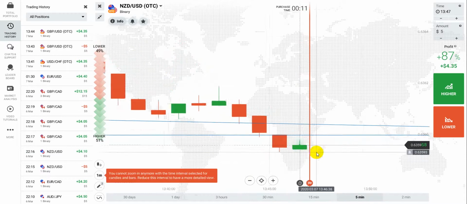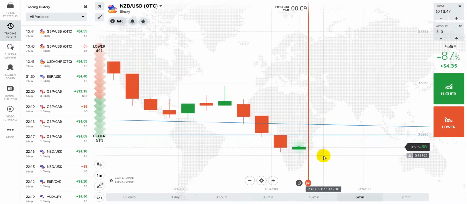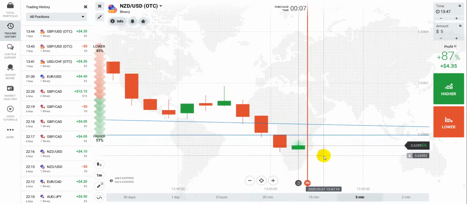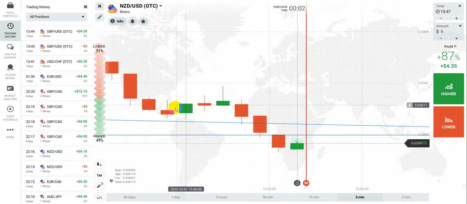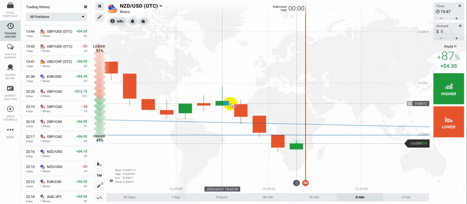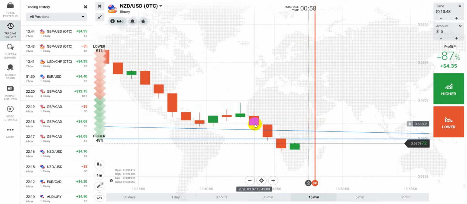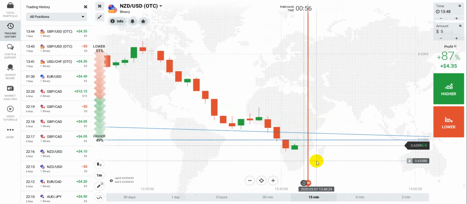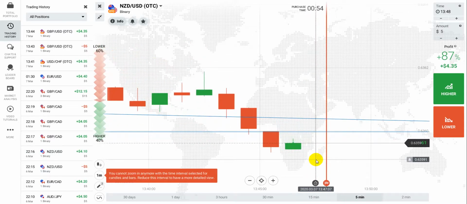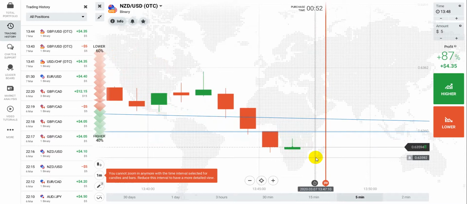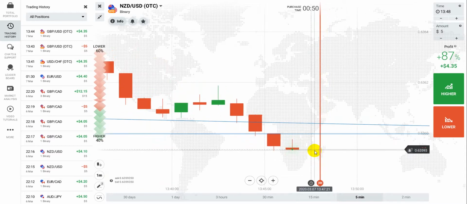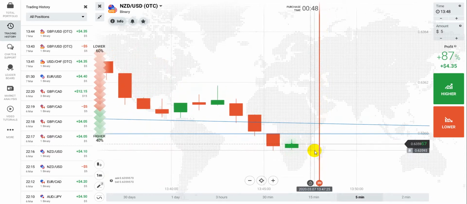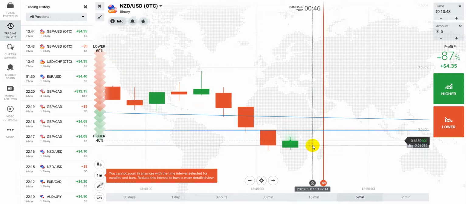This is the round number. If the candle forms more strongly than these two candles, I can trade a higher option here. So the buyer tries.